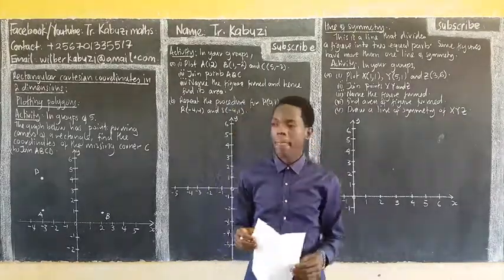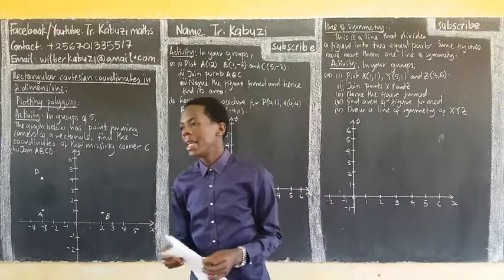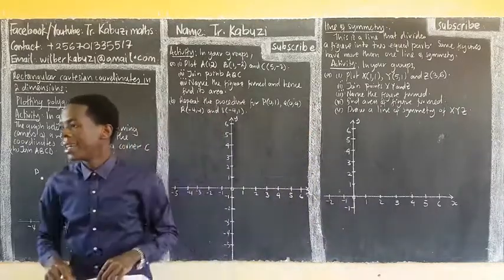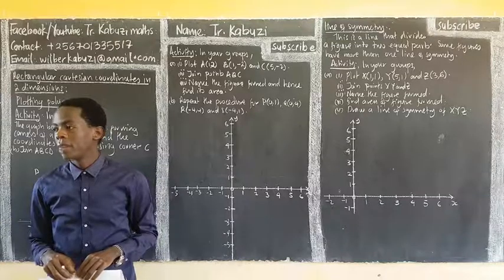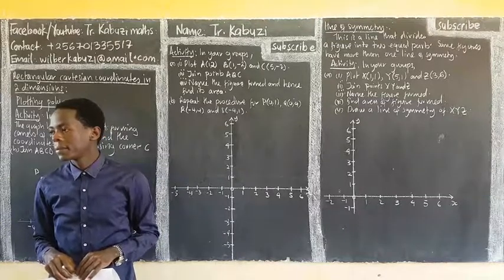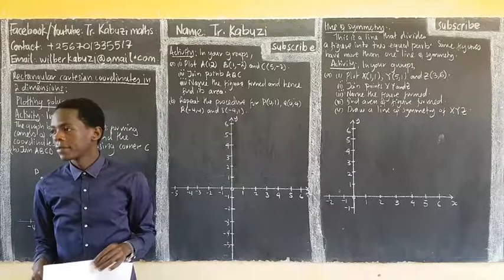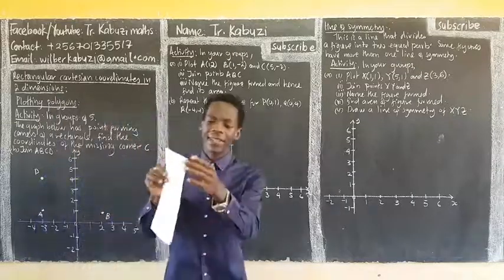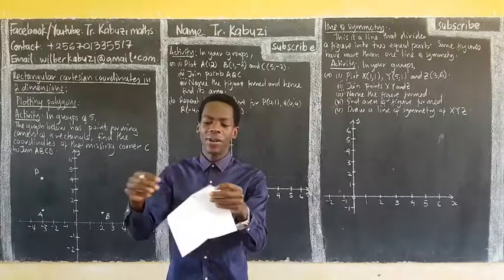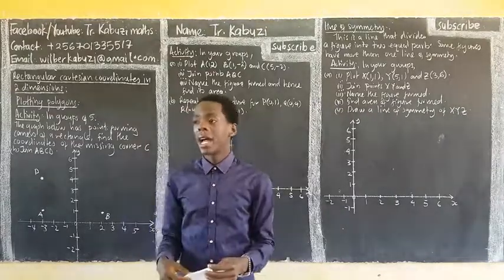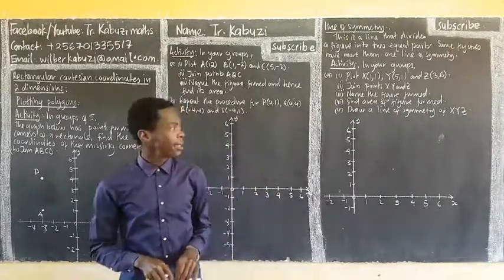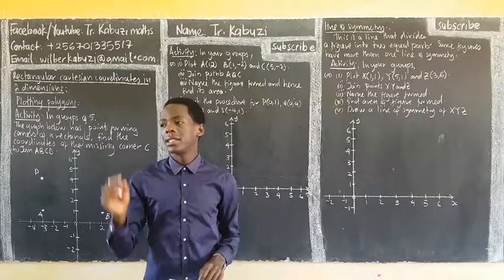So basically, how many lines of symmetry have you seen a rectangle has? 2. Which one and which one? This one and also this one. So a rectangle has 2. But in an example, you just need to draw one.